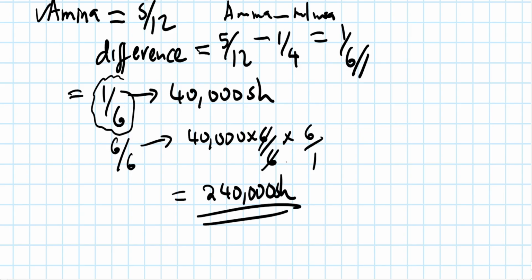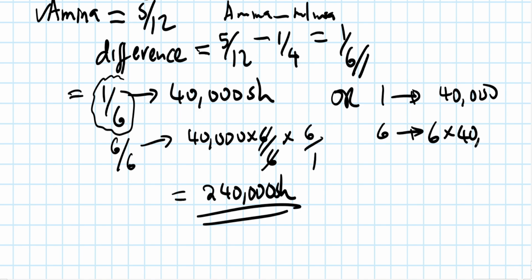That is one way. The other way, you ask yourself, if one part of that cake gives you 40,000, how about the 6 parts that you want? So you just take 6 times 40,000 to give you 240,000 shillings.